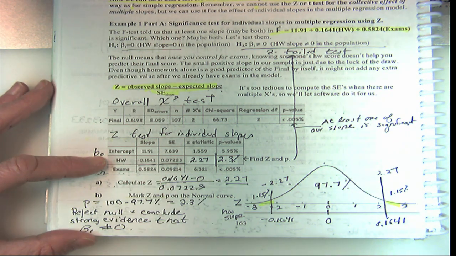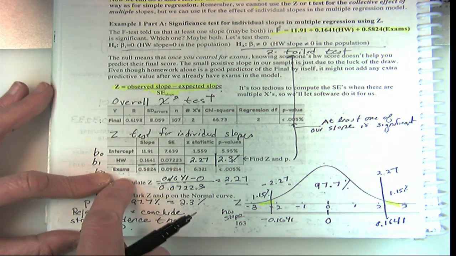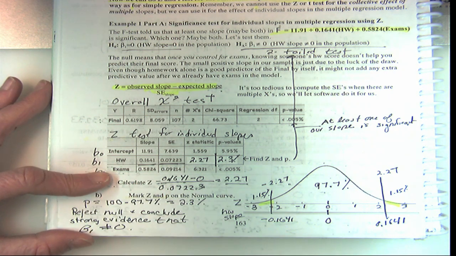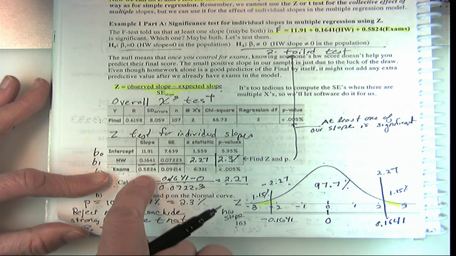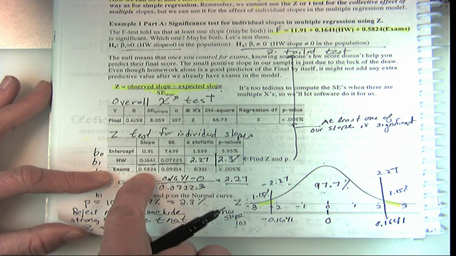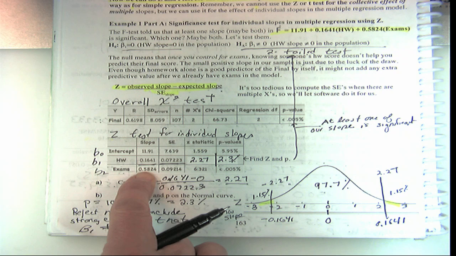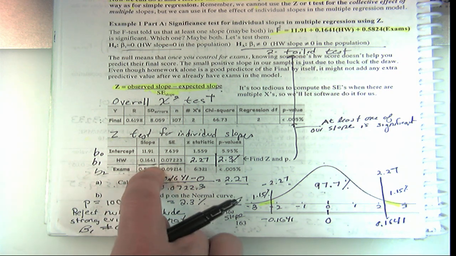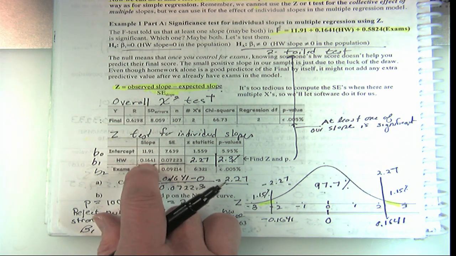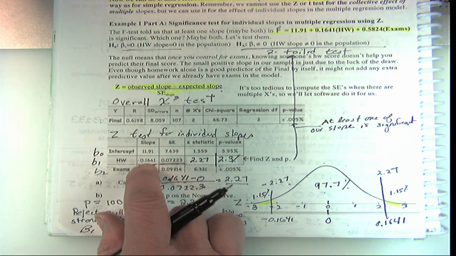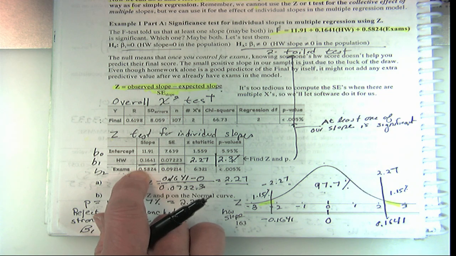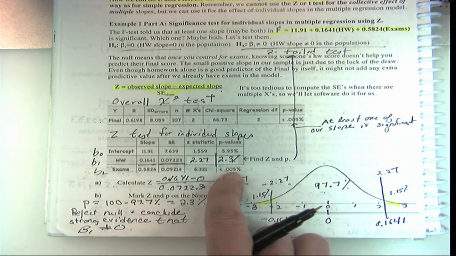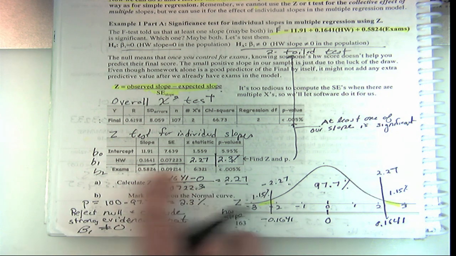So you and somebody else who have the same homework scores, if you scored 1 point higher on the exam, that would mean on average you'd score almost 0.6 points higher on the final. That would be our best prediction. So that's stronger than the homework slope. And you'd think that exams would be a better predictor of finals than homework. And so we got a smaller p-value here, etc.